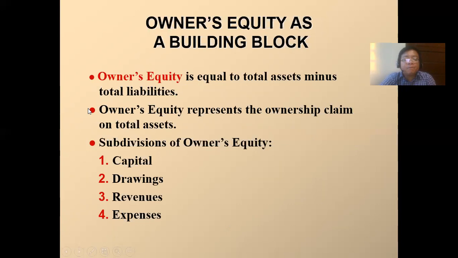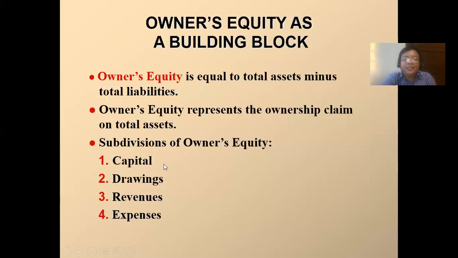Also, when you have owner's equity, it is very important that you know the four subdivisions. You have your capital, your drawings, your revenue and expenses. What do you mean by capital? That's the beginning of your owner's equity. What do you mean by drawing? It is not the drawing you are thinking of.